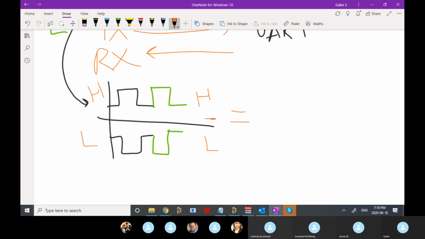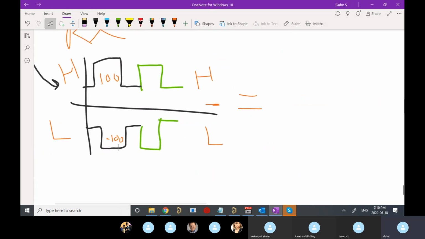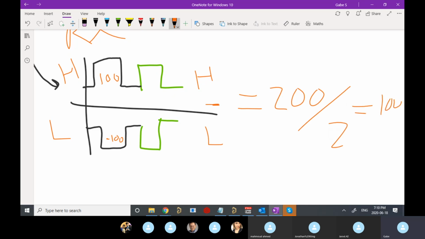Let's say, just for argument's sake, this is not actually what it is, but if this were size 100, then this would be negative 100, exact opposite, right? So when you subtract 100 minus negative 100, you get 200, right? Then you can just divide by 2 and get what the height actually was, 100.